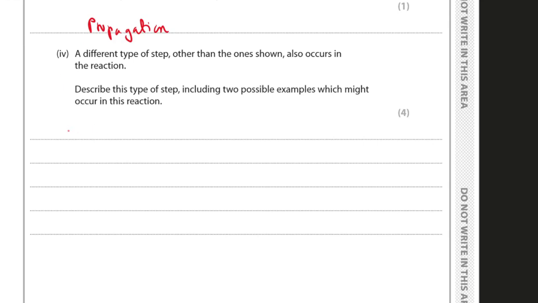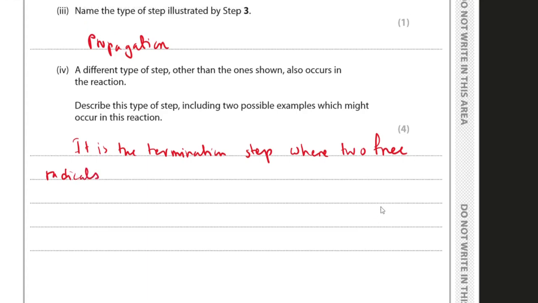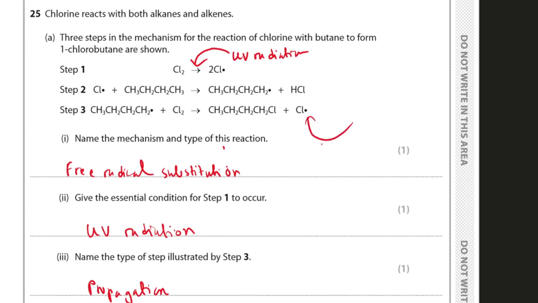The process in which this happens is known as the termination step, where 2 free radicals, each consisting of an unpaired electron, are joined.